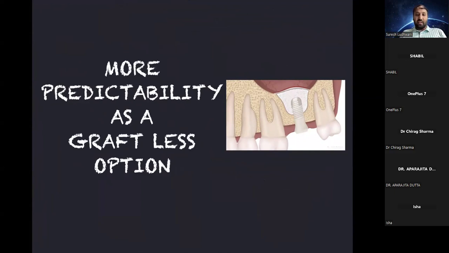That is a big question. Second, our patients have lost patience. They come wanting results immediately. So how do we deal with such patients? Pterygoid implants are a good solution in such cases.